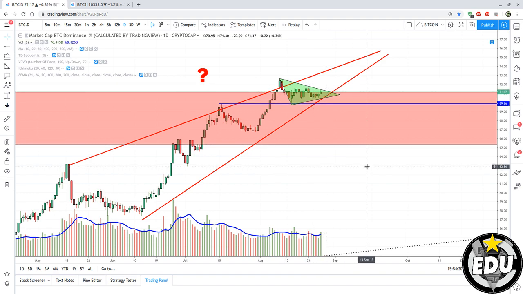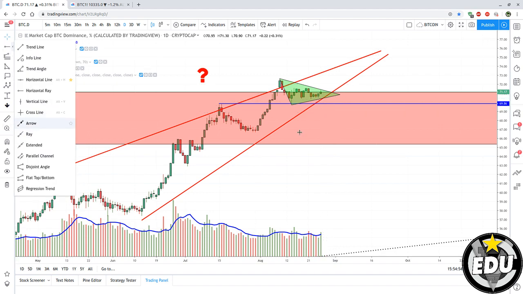If money comes out of crypto from all the coins, the dominance doesn't have to drop, because money goes out from altcoins, goes up to Bitcoin, so the dominance can actually go even higher if money comes out of crypto. It is not directly correlated with total market cap.